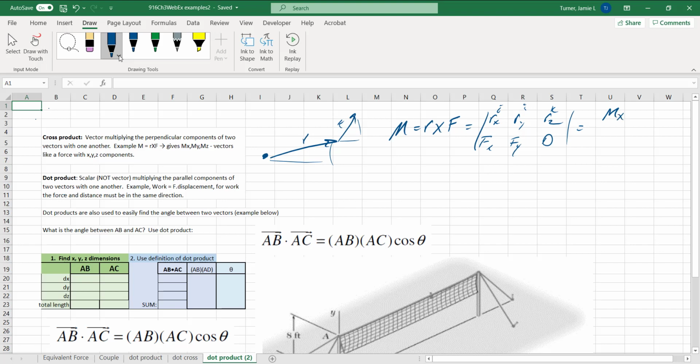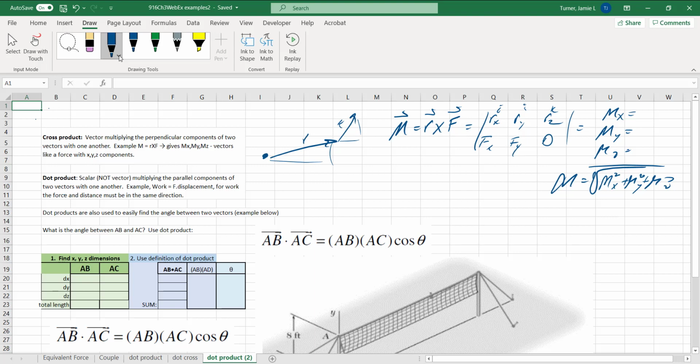It's going to give us how much is twisting around the X, the Y, the Z axis, and then the total moment is going to be some combination of the X, the Y, and the Z. So it's a vector, just like force is a vector, just like this position vector is a vector.